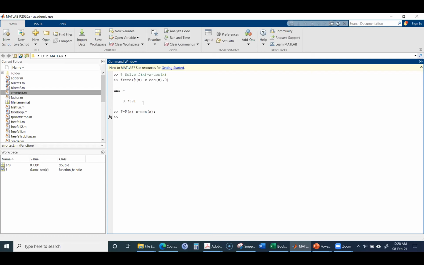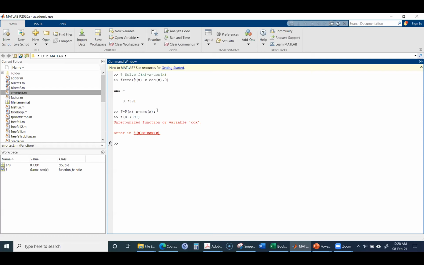Now if I want to evaluate this function for 0.7391, I will put f 0.7391 and hit enter, and I see some error.